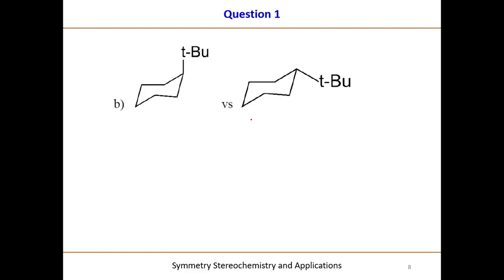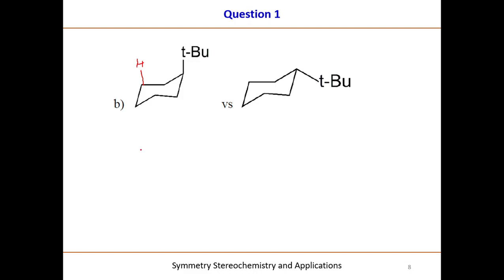Now let's talk about this configuration. In this case, you can see this is the axial tertiary butoxy group, and here is equatorial. So in the case of axial, we will observe here 1,3 diaxial interaction.